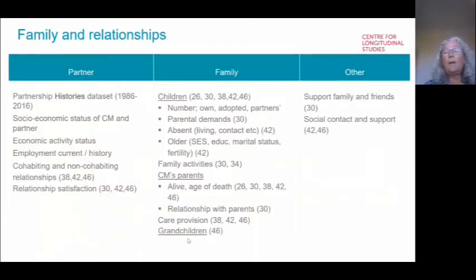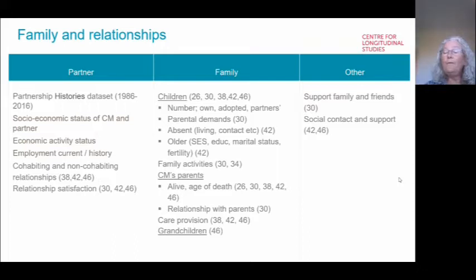So I've made some groups in terms of information into the cohort members' partners, family and other related areas. Firstly, there is a partnership histories dataset from age 16 to age 46. There is socio-economic information about the cohort member and their partner, including status, economic activity and employment histories. There's information on cohabiting and non-cohabiting relationships, as well as relationship satisfaction.